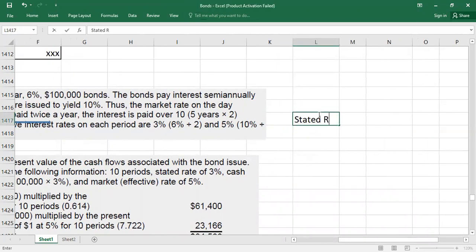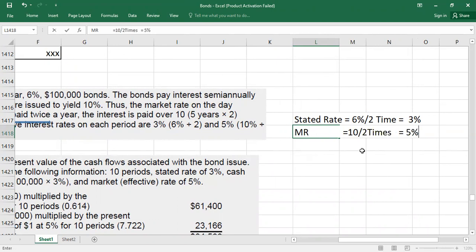So we will take this 6% and divide it by the number of times interest is paid, which is 2 times. If you divide it, you will get the adjusted stated rate, which is 3%. Same here, you also need to adjust the market rate, which is 10%. You divide it by the number of times interest is paid, which is 2 times, so you get 5%.